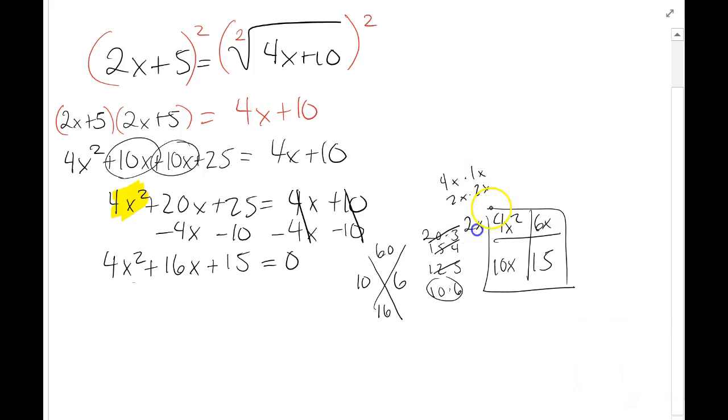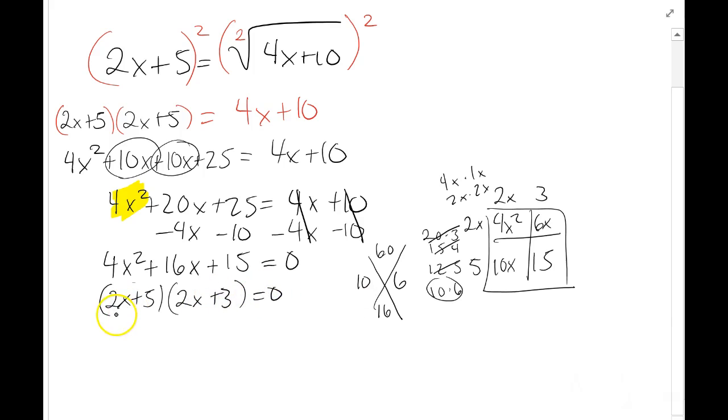Let's try 2x first, just because I feel like it. And let's see, what times 2x equals 10x? Well, that'd be 5. And what times 2x equals 6x? 3. Well, that works. Okay, so now our factors are going to be 2x plus 5 and 2x plus 3.